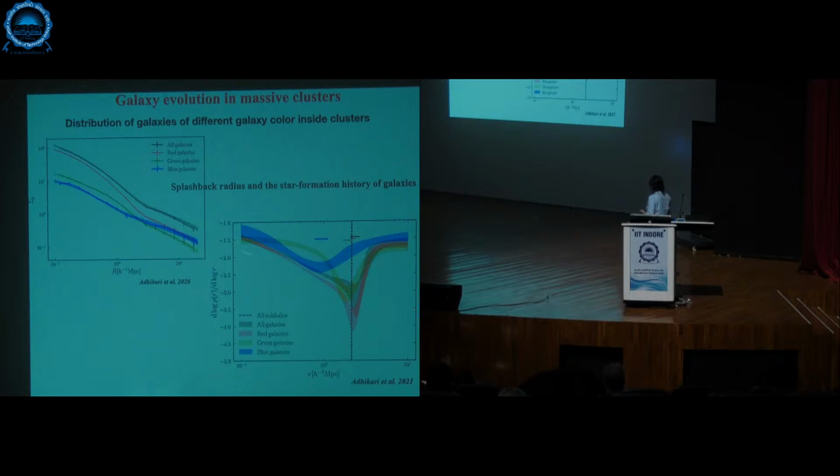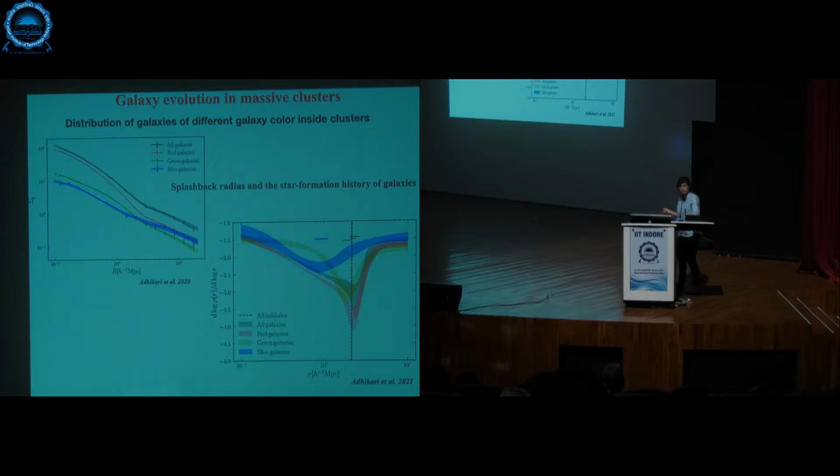In particular, blue galaxies tend to show a really weak splashback feature, if at all. Red galaxies show a very sharp feature and it's pushed outside. And green galaxies have a feature which is weaker and sort of arguably pushed towards the center of the halo.